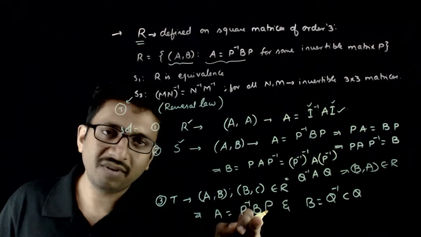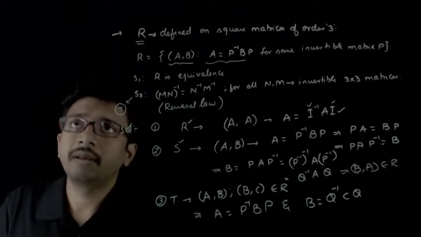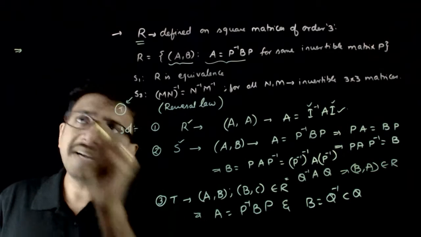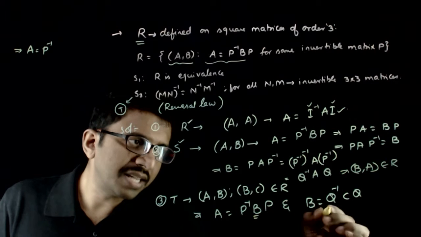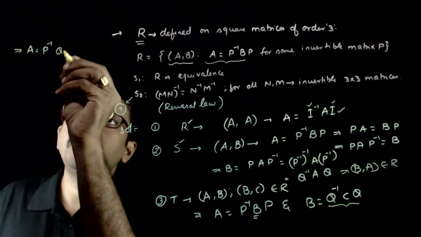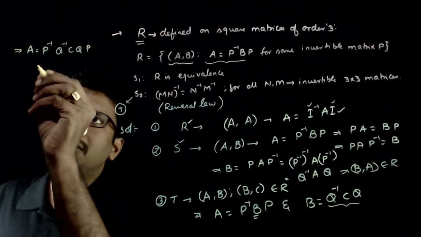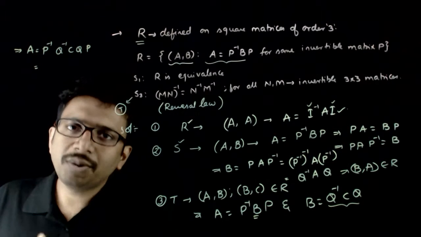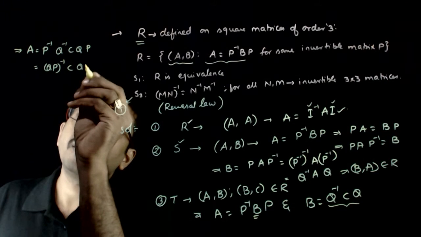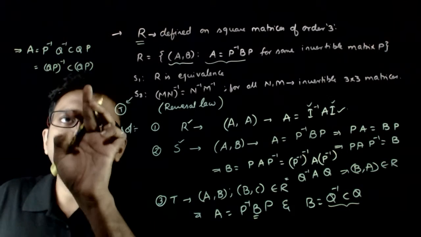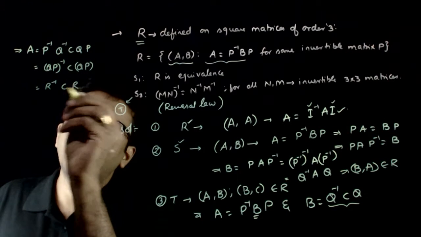So A is P inverse, B is nothing but Q inverse CQ, times P. So this is equal to P inverse Q inverse, which can be written as (QP) whole inverse C QP. If you take QP as a matrix R, this can be written as R inverse CR.